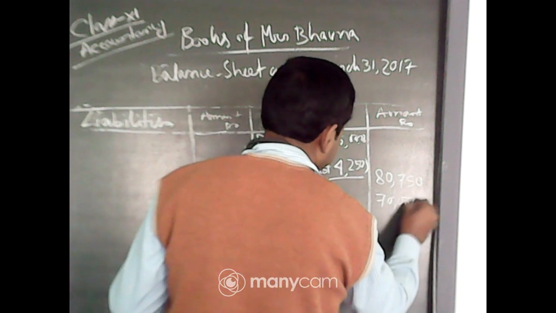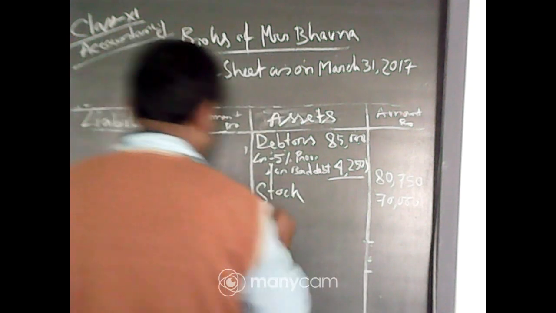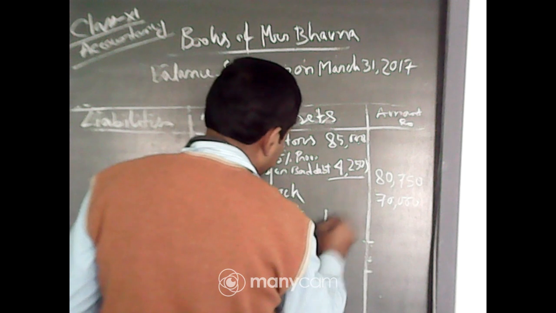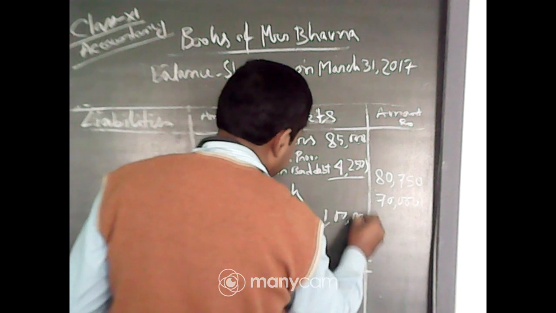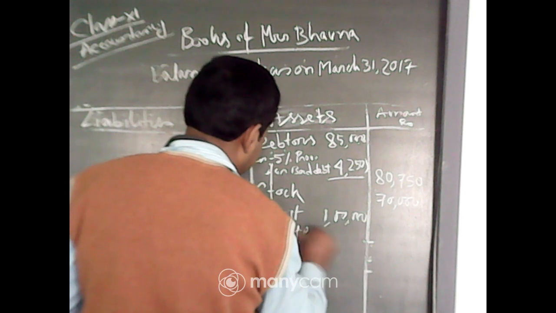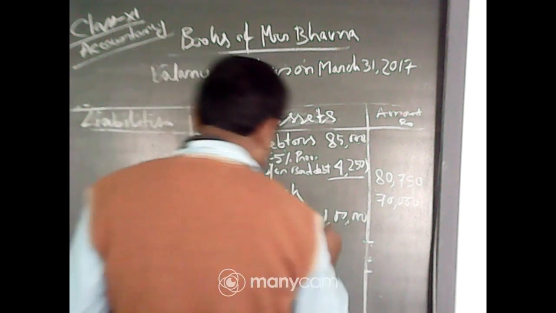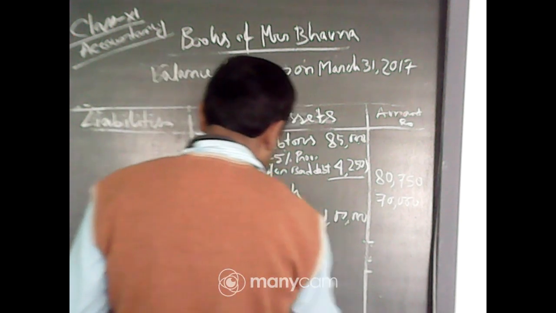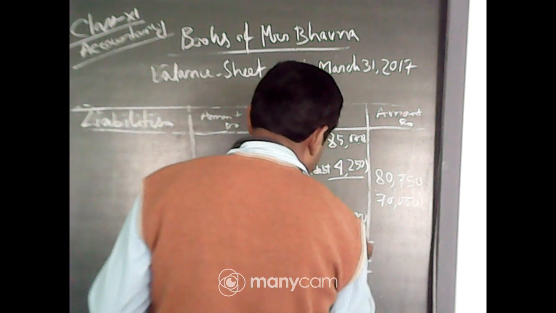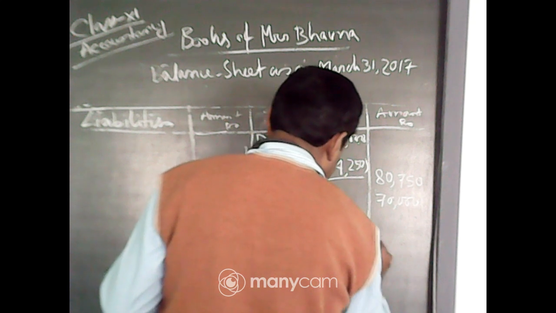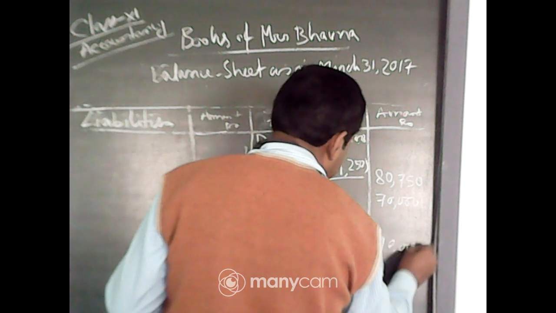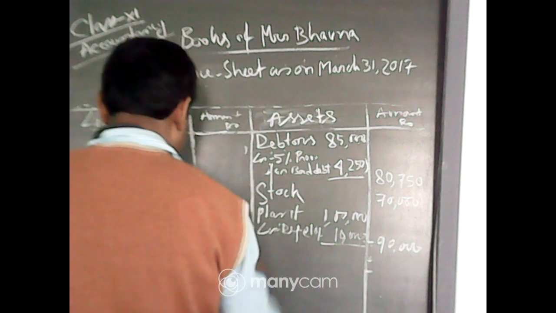Now next there is plant. In case of plant also there is a depreciation, so plant closing balance is 1 lakh, so less depreciation at the rate of 10%, that is 10,000. You deduct from here and the balance will become in the outer side, that is 90,000. Now next is machinery.